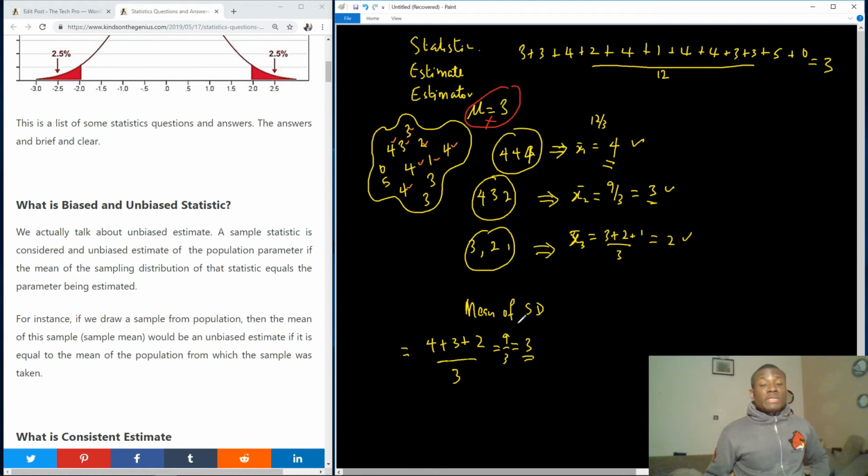So let's compare it to the mean of the population. We got 3, and we have the population mean to be 3. It means that our samples can be said to give unbiased statistics.